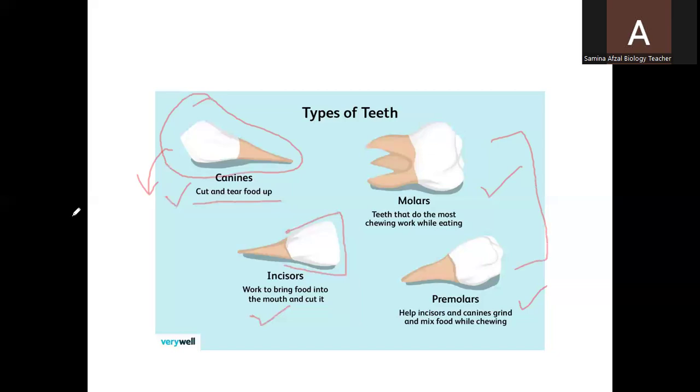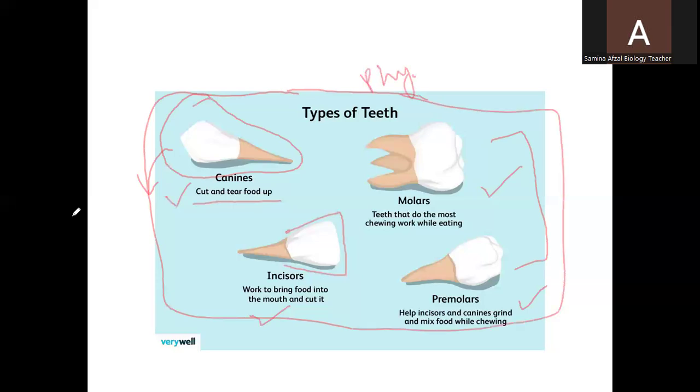You can say all these types of teeth perform physical digestion, because they bite, tear, crush, and grind the food into small particles.